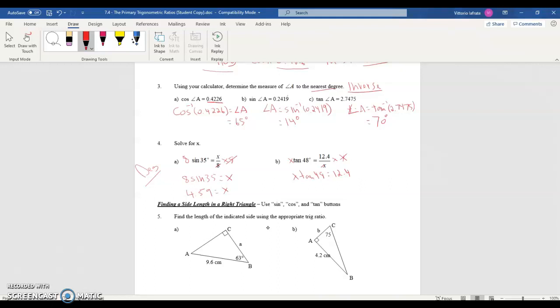It becomes a multiplication. We still want to get x alone, so we're sending tan 48 to the other side. This whole thing goes to the other side. You can't just send the tan by itself. This is one number here, tan of 48. You send it to the other side. In other words, it becomes a division. So you're dividing both sides by tan 48, over tan 48.